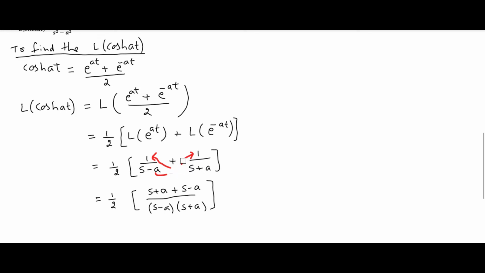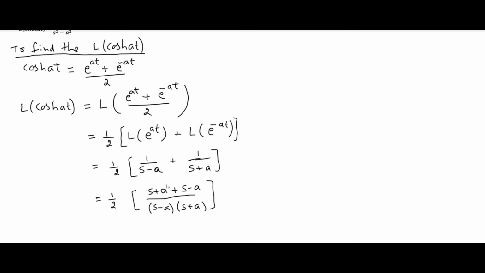Let me just erase the arrow marks over here. So it is s minus a, that is 1 divided by s plus a.